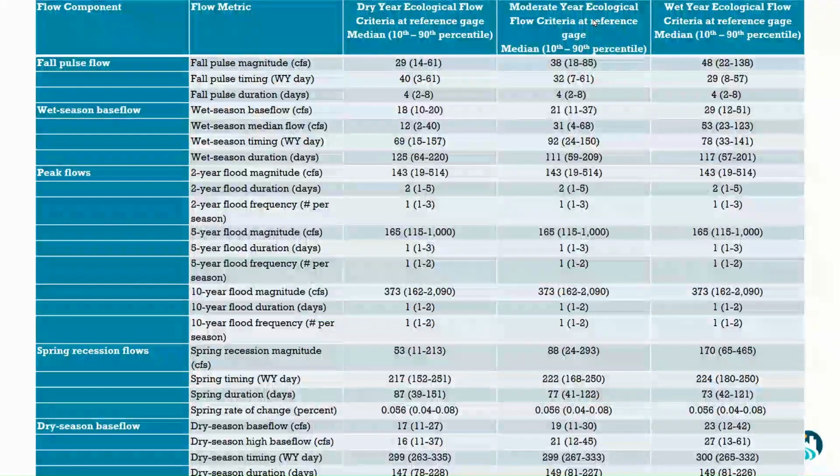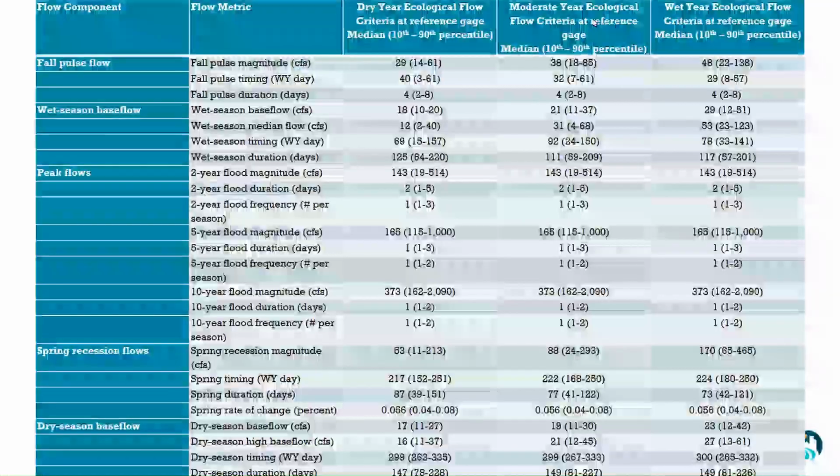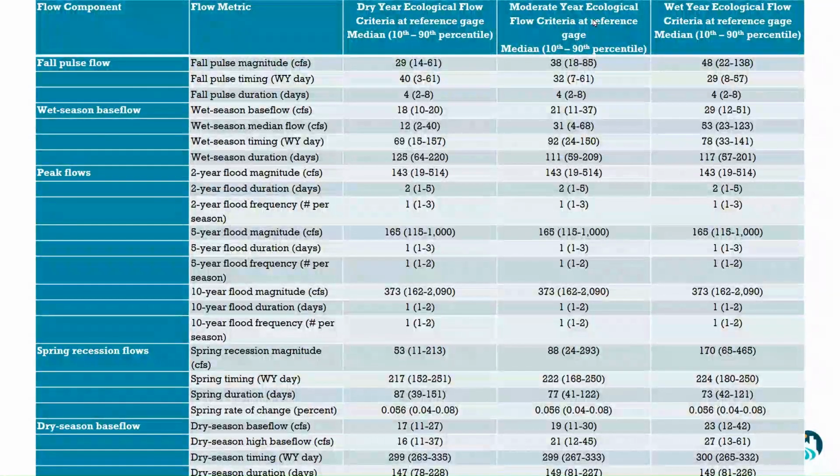One of the ways that we've used this, not in the Little Shasta River, but we did a very similar project where we came up with water year type flows for every tributary in the San Joaquin. And we tied those flows to a gauge. And we said, if that gauge, the natural stream flow is this, does it fit within the range of flows that are acceptable for that particular metric? If it's a 2-year peak flow, not every peak flow is 143 CFS.